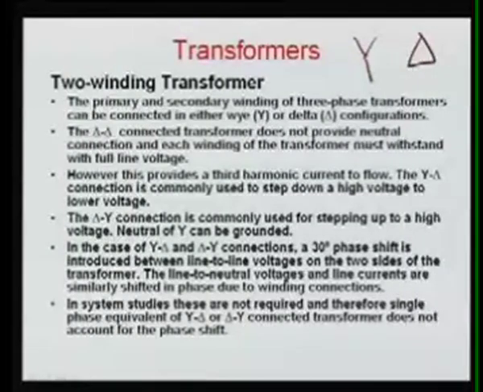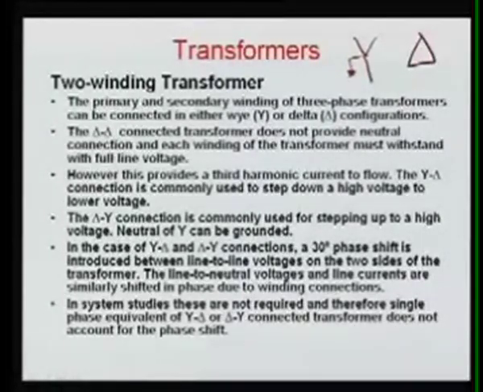Delta connected transformers do not provide the neutral connection. Here in the star you can connect the neutral, and the neutral is required sometimes to have proper protection of the system, and to have several advantages of this neutral connection. But in delta there is no neutral. So each winding of the delta transformer must withstand the full line voltage.